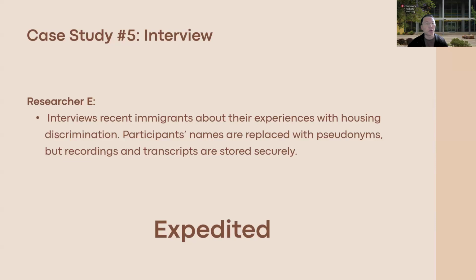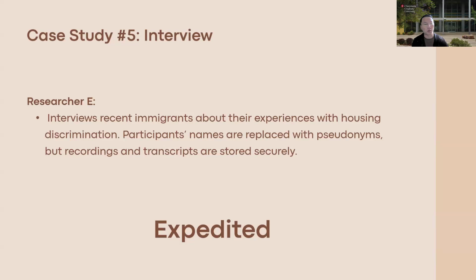Well, my original point here was it could also be considered as expedited because of the collection of personally identifiable information. Even though in this case the names are replaced with pseudonyms, so their real names are not collected, the recordings and transcripts can be easily linked and used to identify a certain individual.